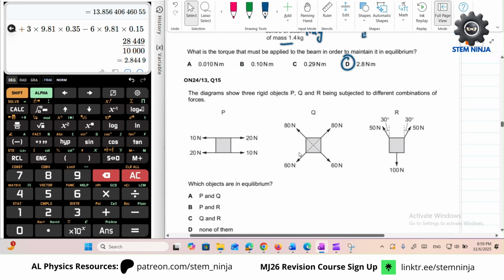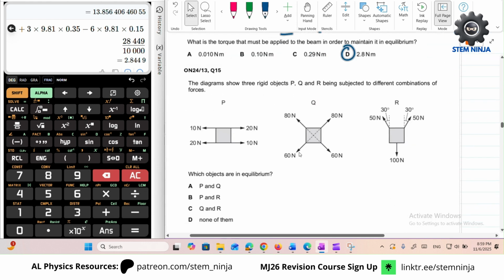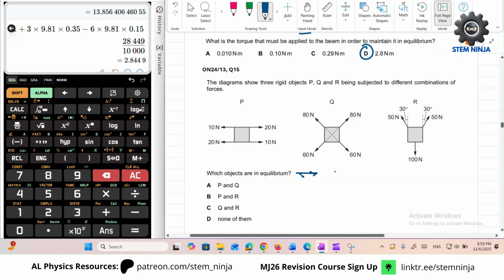The diagram shows three rigid bodies, P, Q, and R, being subjected to different combinations of forces. Which objects are in equilibrium? So equilibrium again means sum of forces is equal to zero and sum of moments is equal to zero. Right. So 10, 20.